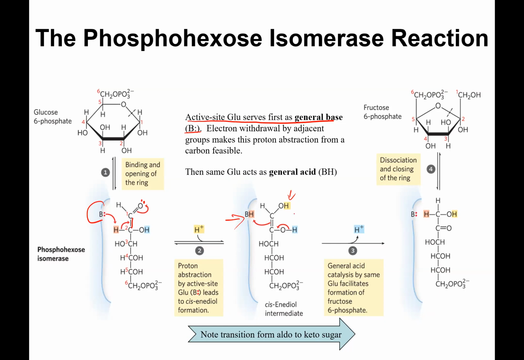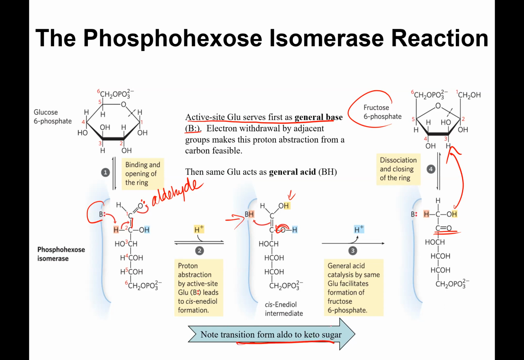Because now this OH group here, when this proton is abstracted, we're going to get the double bond and we're going to form the keto. Whereas we started up here with the aldehyde, right? So it's just base catalysis followed by acid catalysis gives us the keto sugar that is fructose, and then it goes back to the ring form, and we have our fructose 6-phosphate molecule.